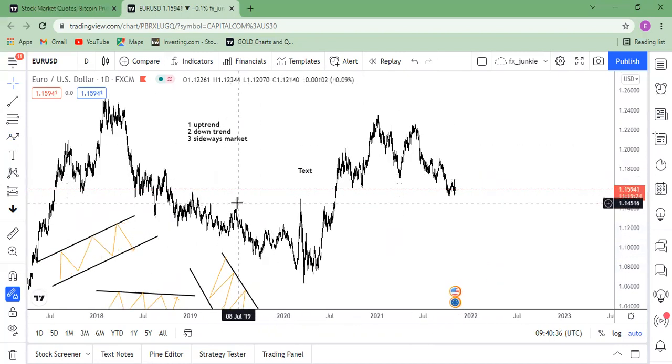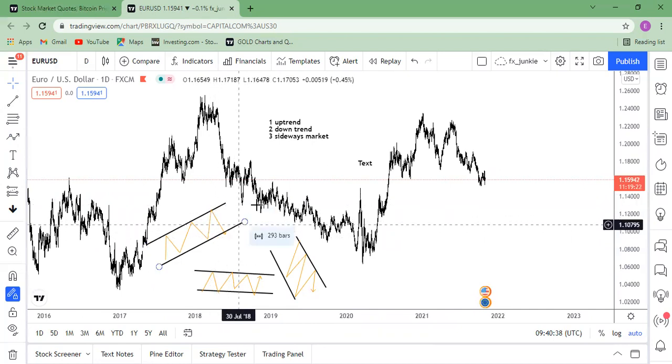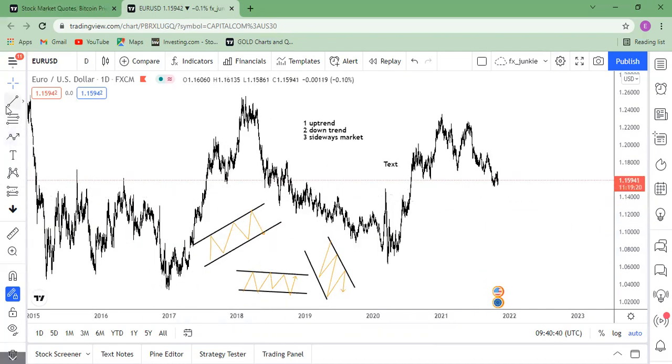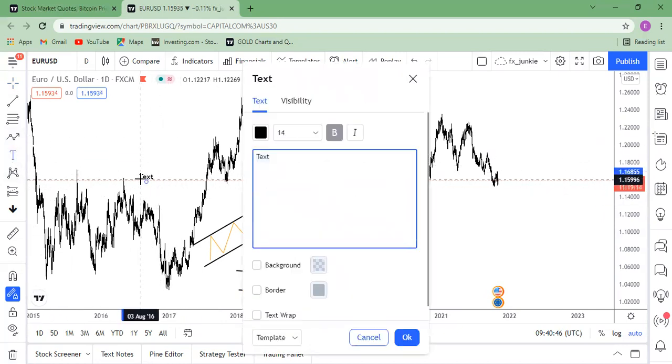So if you're trading forex as a beginner, we use something called support and resistance.